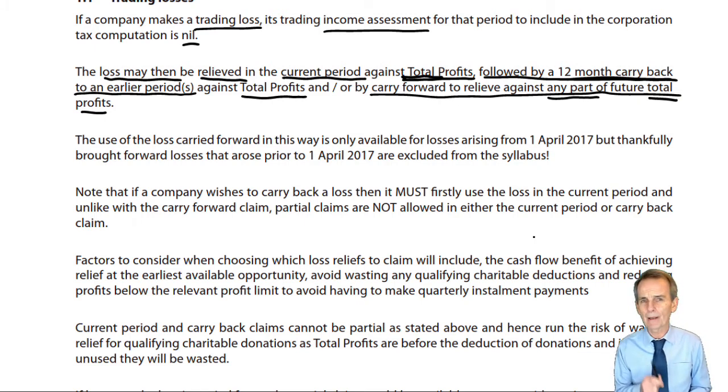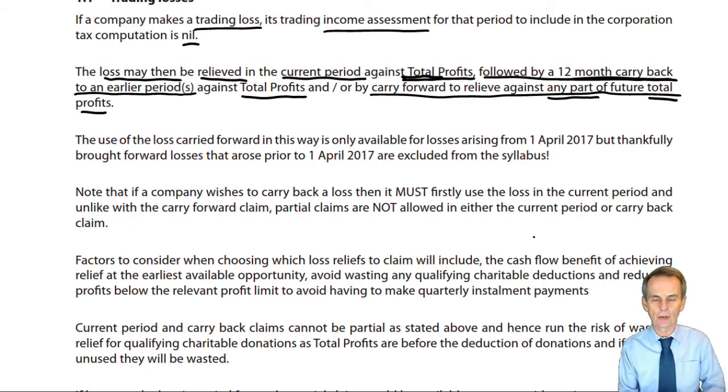So importantly here, those set-offs go against total profits, which is before the deduction of qualifying charitable donations. And if those donations exceed the total profits, or indeed if there are no total profits to put those donations against, then those qualifying charitable donations are wasted.